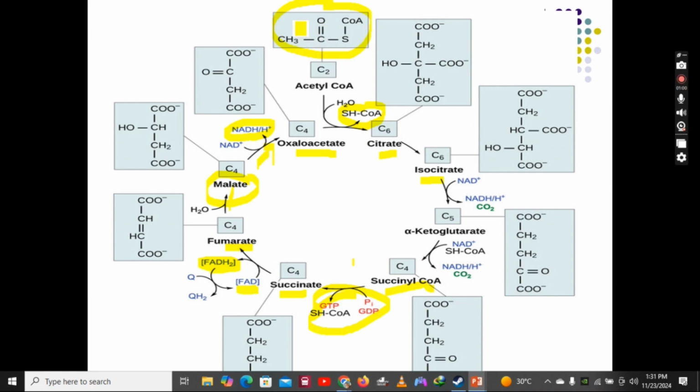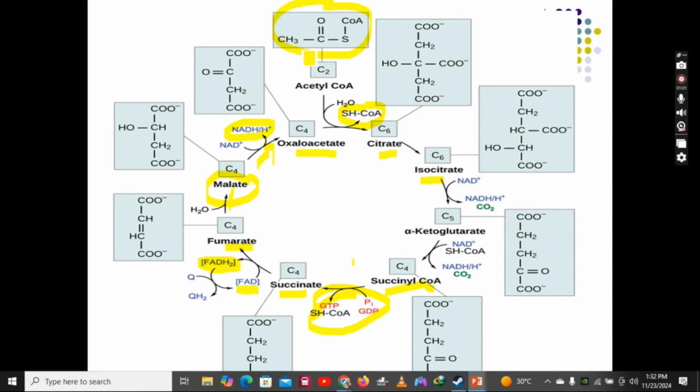I didn't understand the first step where acetyl CoA comes in. The first product that we have coming from glycolysis is pyruvate. Is it going to react with acetyl CoA to get into the cycle? No, it's broken down.